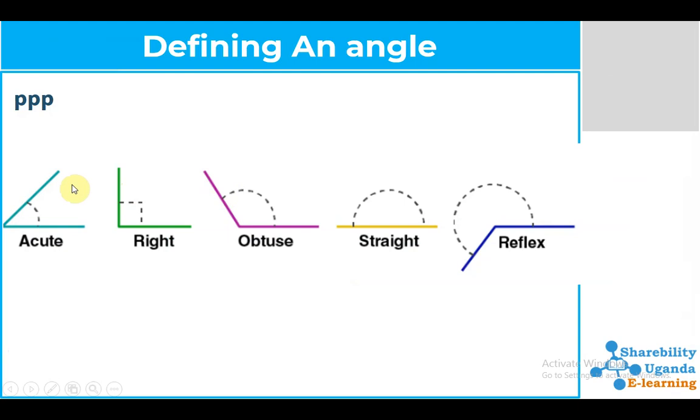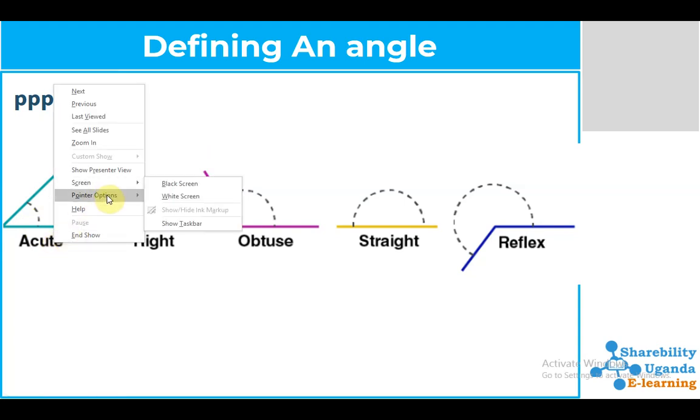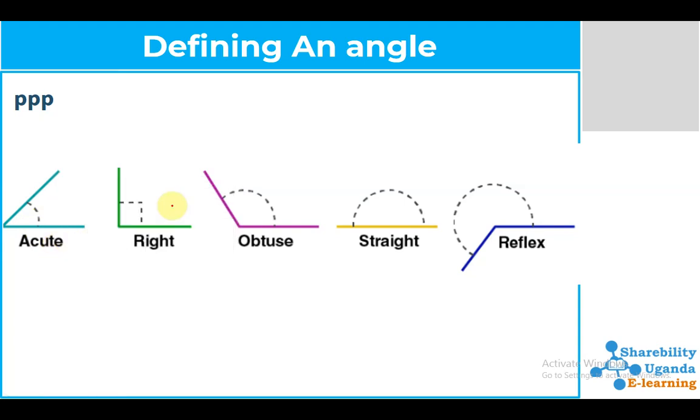One, we have what we call the acute angles. Acute angles are angles that lie or start from 0 up to 90.